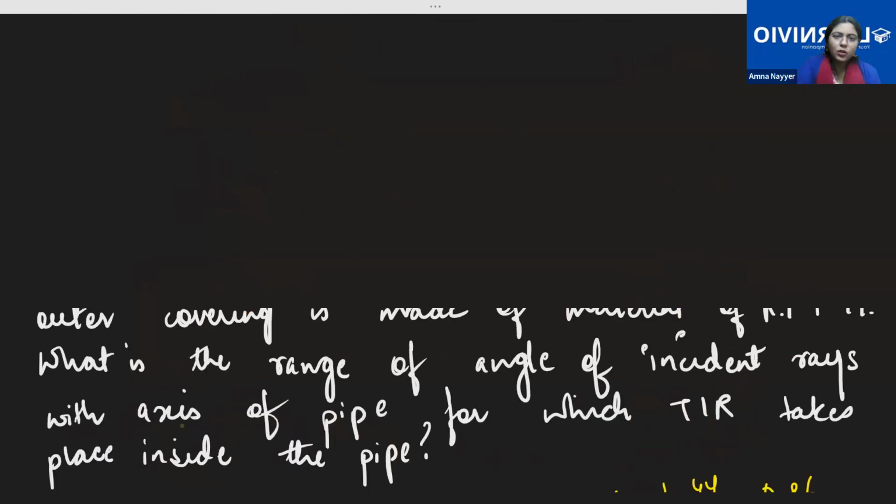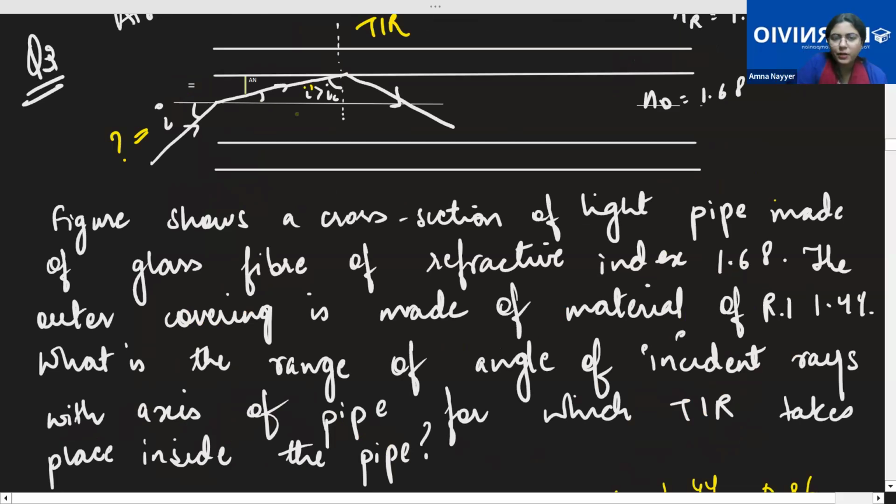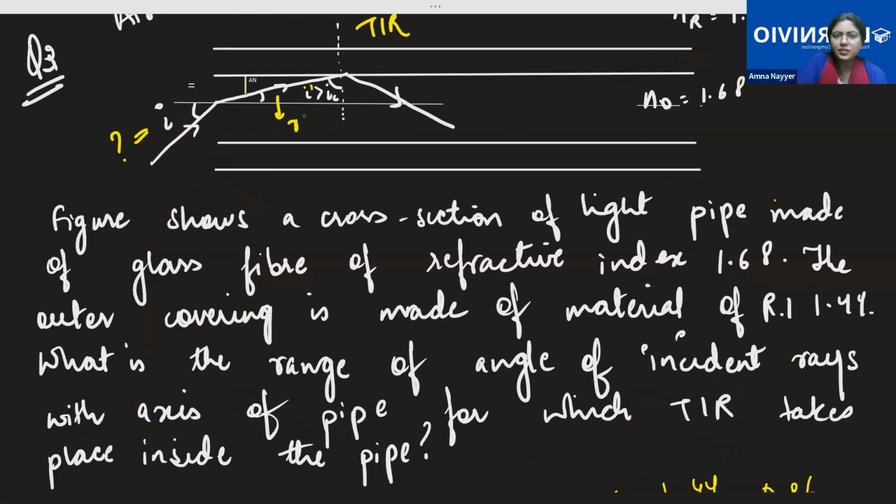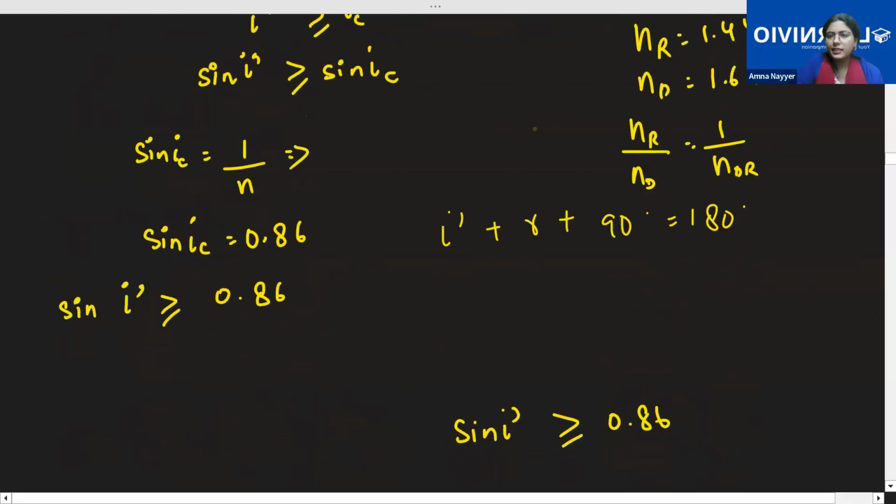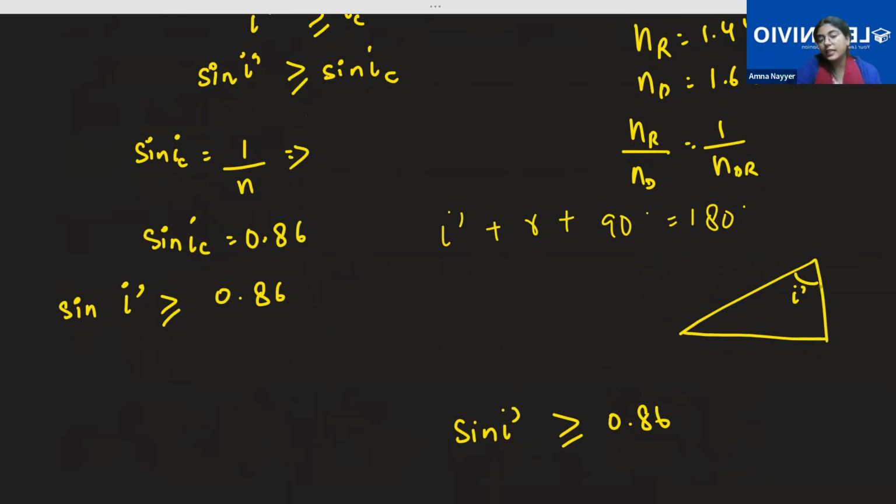Now look here class, if I now use the angle sum property in this smaller triangle, this is the angle of refraction. Look at this triangle. The triangle that has been formed is like this. This is that I dash, which is greater than the critical angle. This is 90 degrees and this is the angle of refraction which we want so that we can solve the question further.